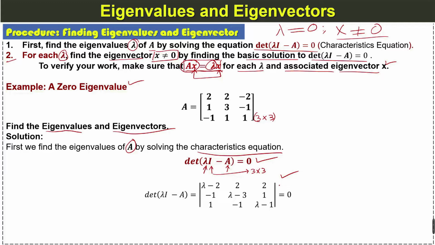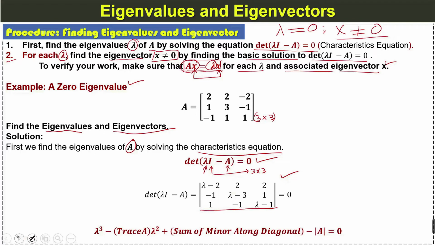To solve this we have a shortcut trick, that is this equation. This is the characteristic equation when we solve a general matrix of order 3 cross 3, with entries a11, a12, a13, a21, a22, a23, a31, a32 and a33.